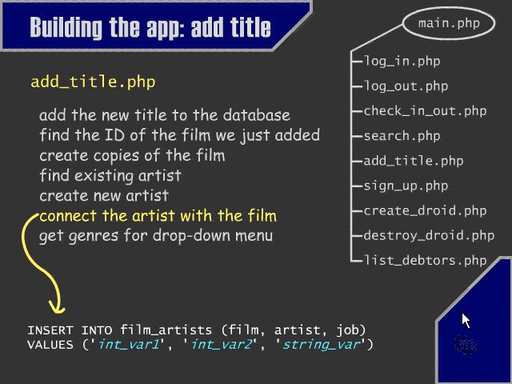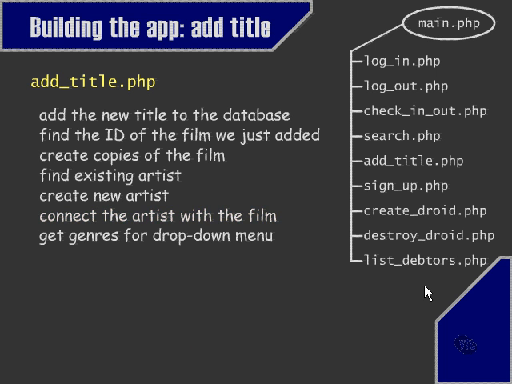If you remember, the job column is an enumerated column with a certain small selection of values. I believe it's actor, director, or writer. So, using this query, we connect the artist that we've included within our HTML form with the film that we've just added to the database.